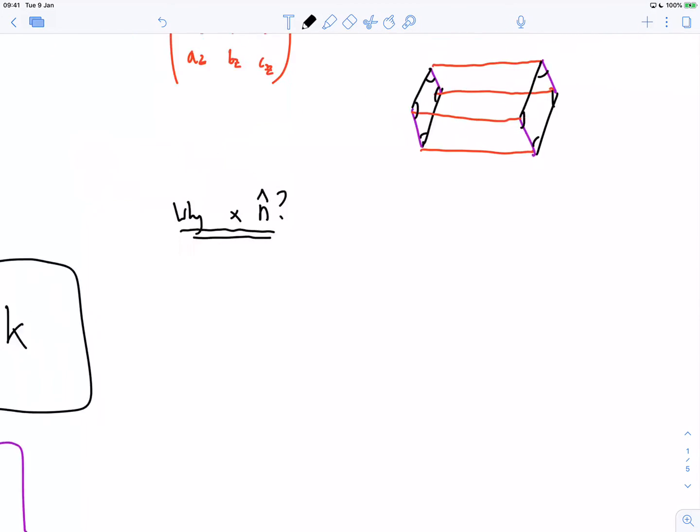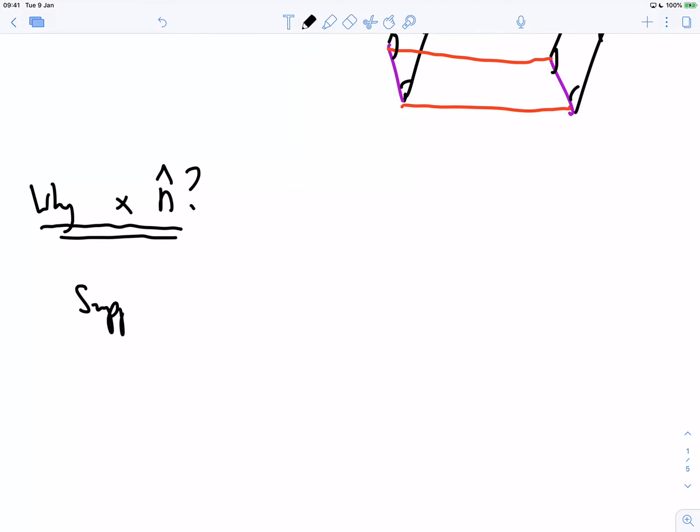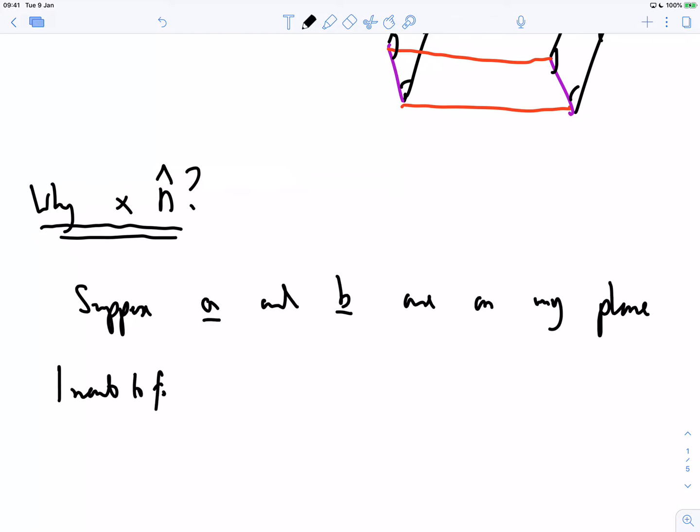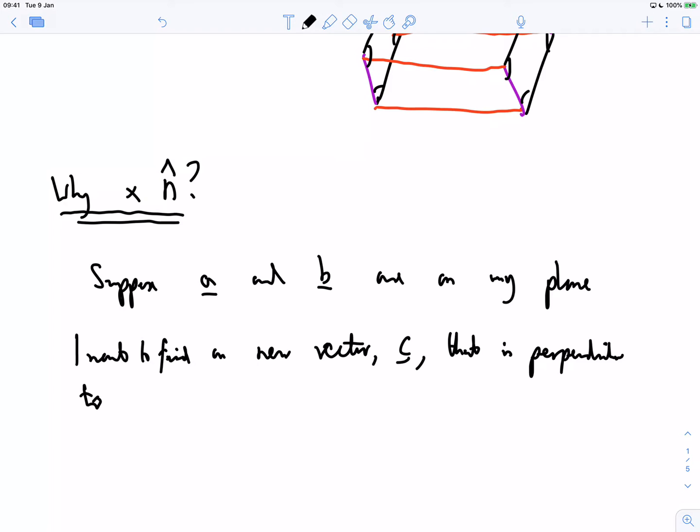Okay, so suppose the vectors A and B are on my plane, and I want to find a new vector, which I'll call C, that is perpendicular to the plane.